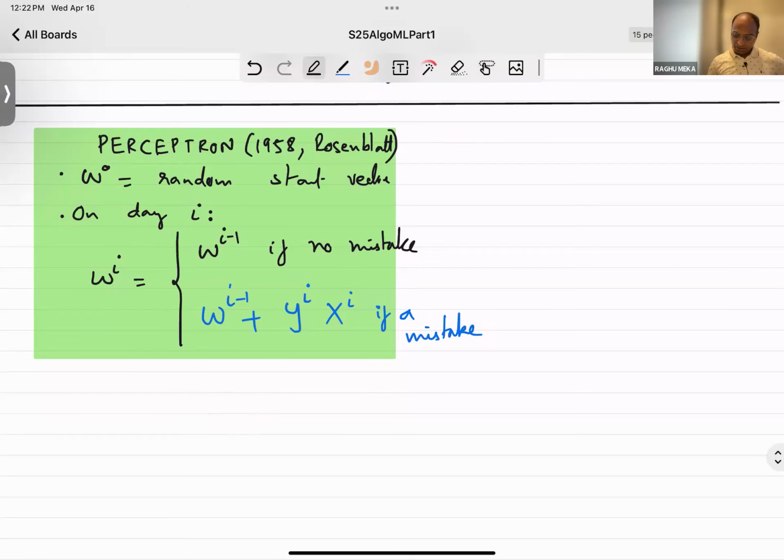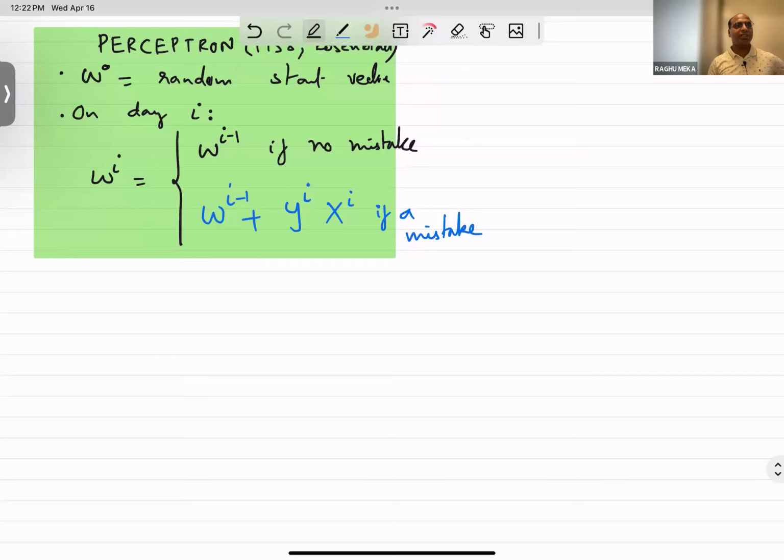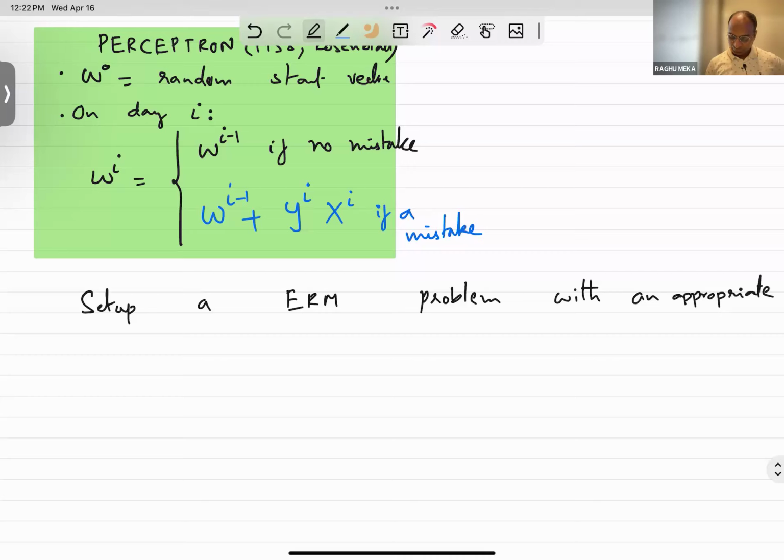And you can actually set up an ERM problem with an appropriate parameterized hypothesis class and a loss function, such that if I just use stochastic gradient descent on this loss function, you get back this exact algorithm.